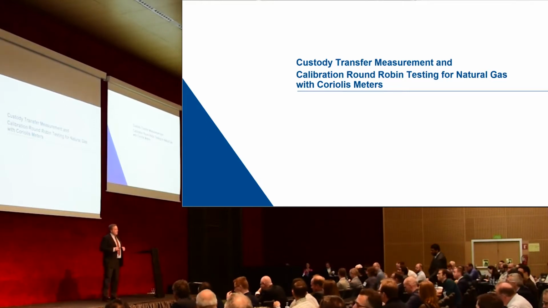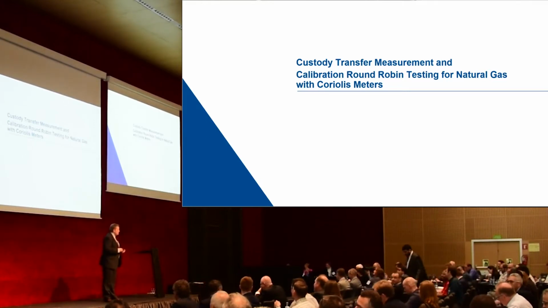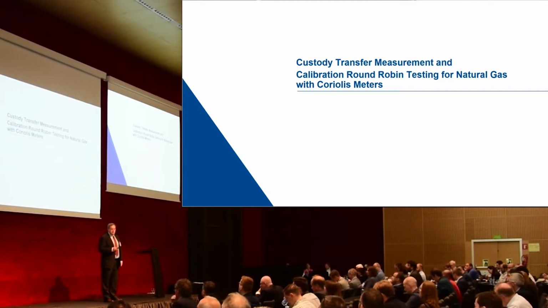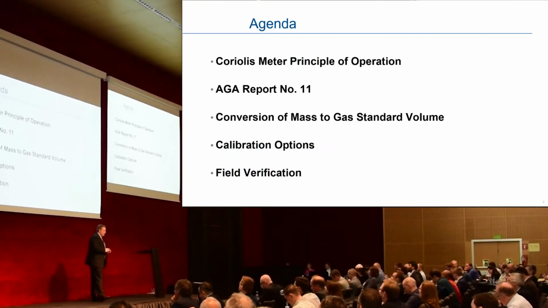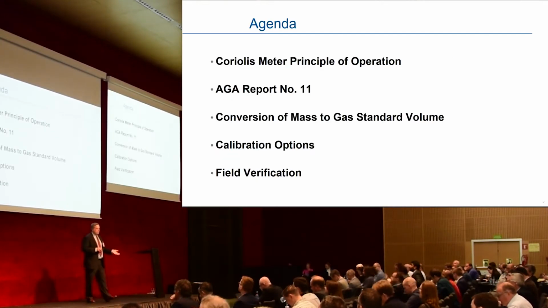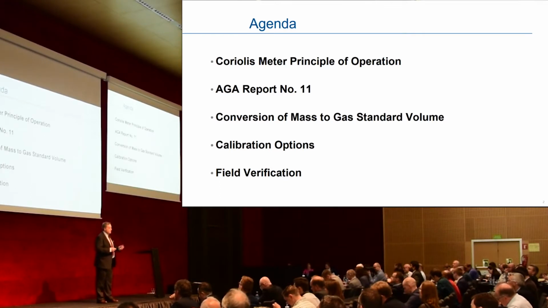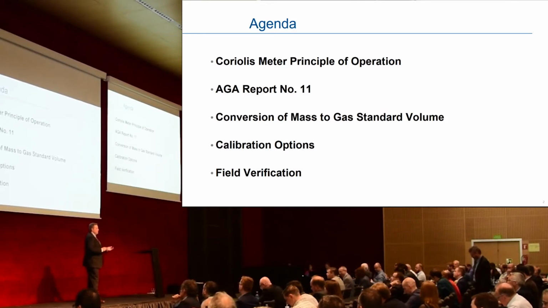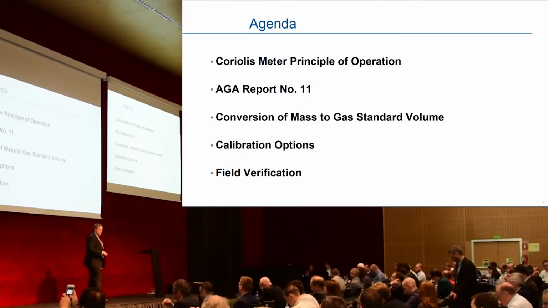Anyway, what I'm here to talk about today is some work that's been done recently to try and add to the value that Coriolis meters can provide in gas measurement applications. To do that, I'm going to go over a quick review of how Coriolis meters work, just to review the specific physics that are involved because it's pertinent later. We'll talk about AGA report number 11, which talks about some of the calibration flexibility that you have with the Coriolis meter.